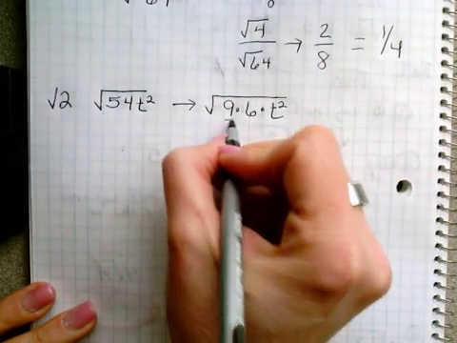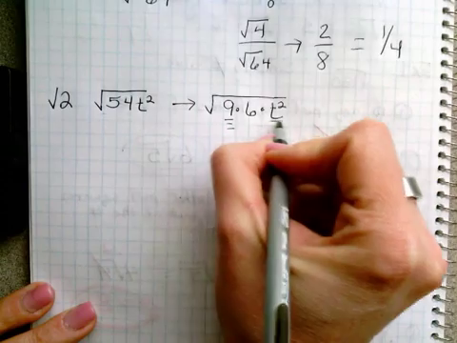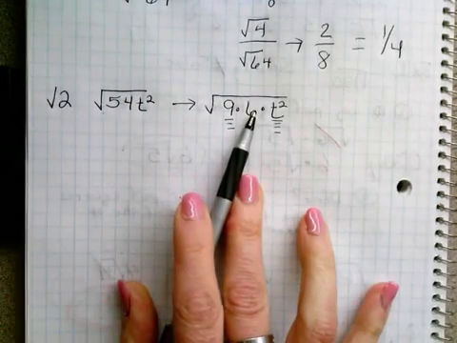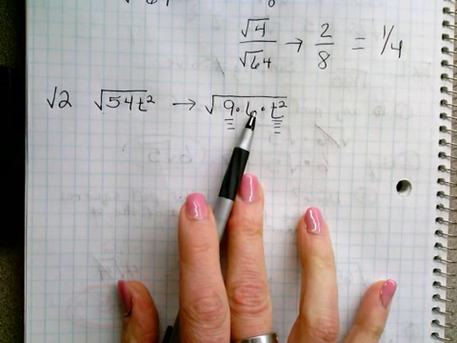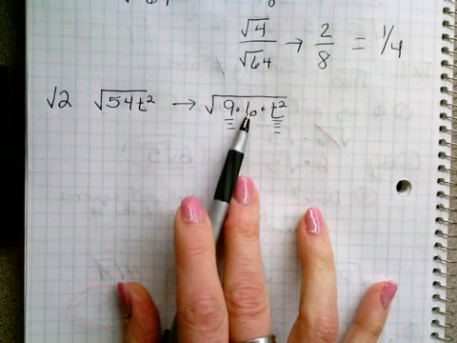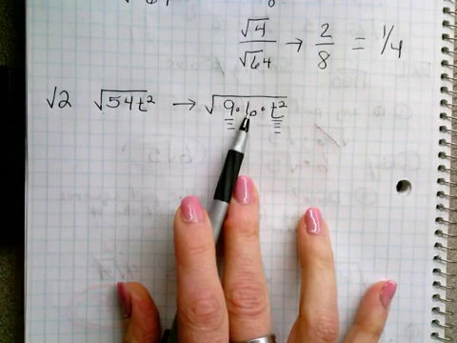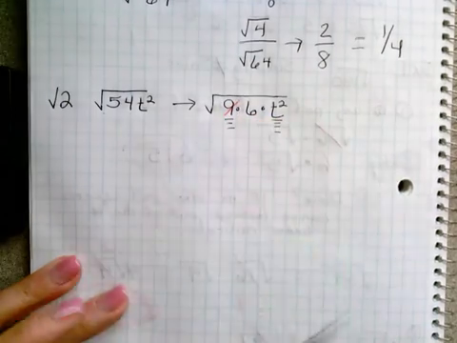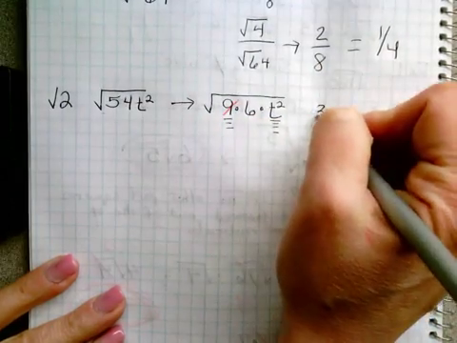You probably can already see that the 9 is a perfect square and the t squared is a perfect square. The 6 is not a perfect square and it has no factors that are a perfect square. 1 and 6, 3 and 2. Square root of 9, 3.